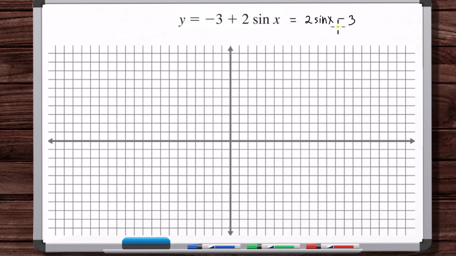But if that mid value shifts down 3, then the amplitude doesn't change, right? So you're oscillating between -1 and -5. Again, because the amplitude doesn't change. The period, none of that changes.